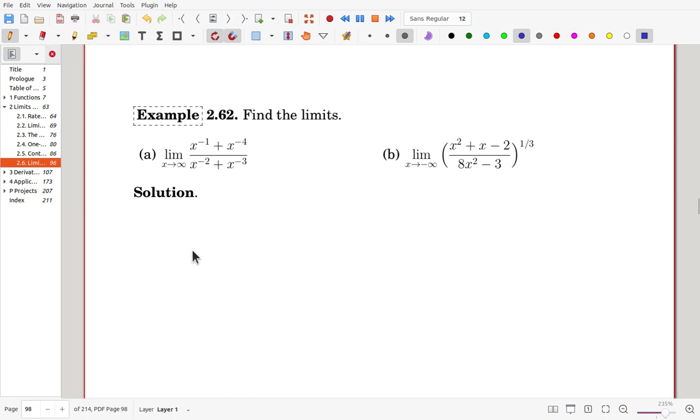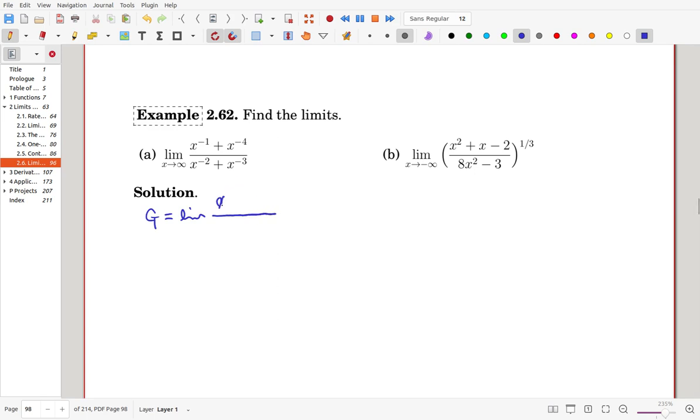Find the limit in the same way. For this fraction, the highest power in the denominator is x to the minus 2. So we divide by x to the minus 2, which means multiplying by x squared, top and bottom.